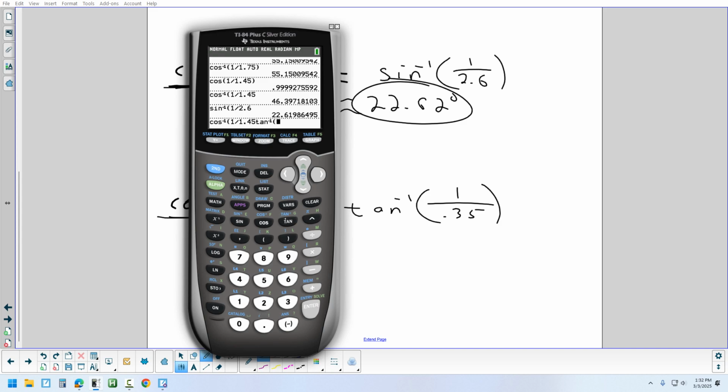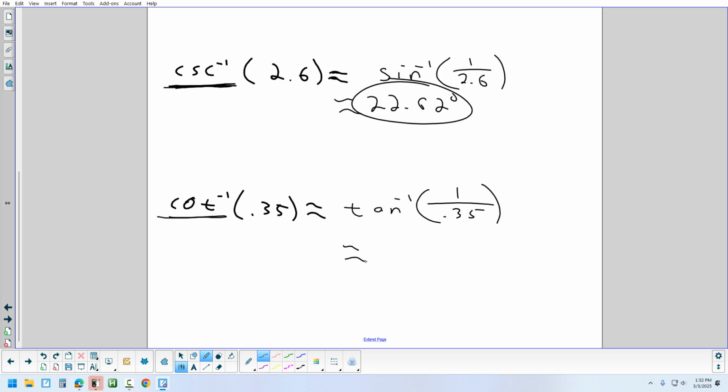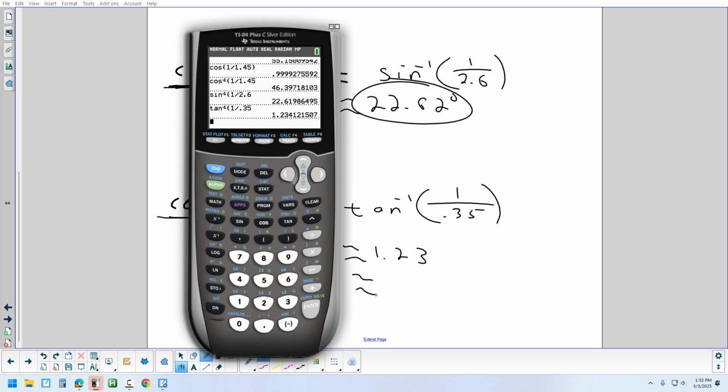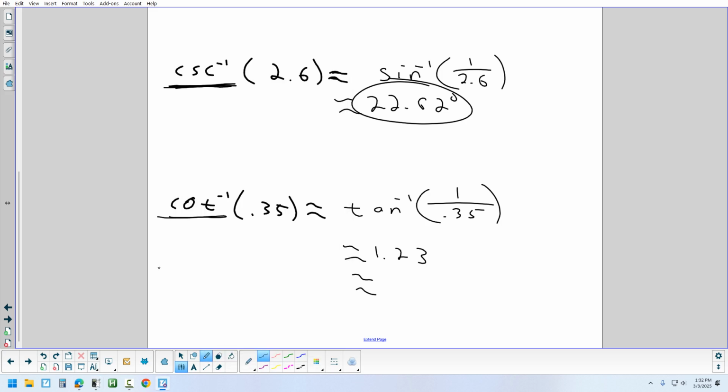All right, so inverse tangent of 1 divided by 0.35 gives us in radians 1.23. Or we want it in degrees. And how do I type it in again without retyping it? Second, enter. 70.71.